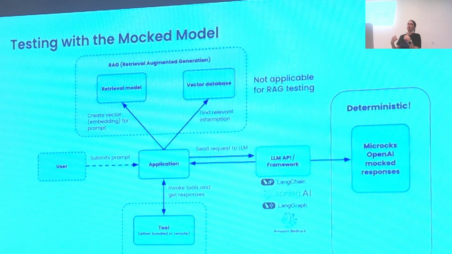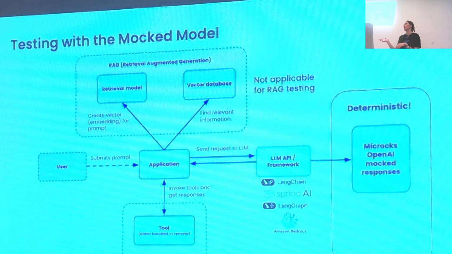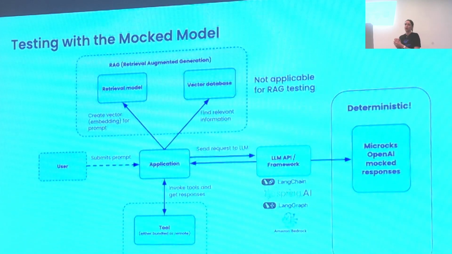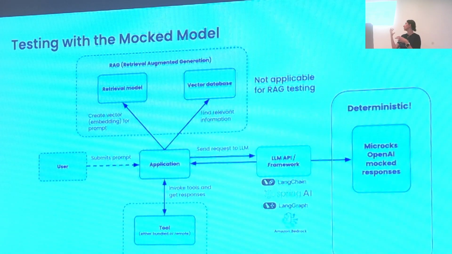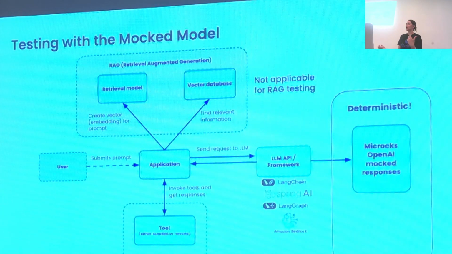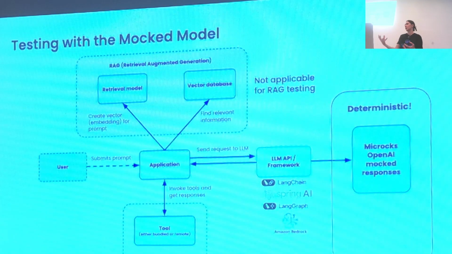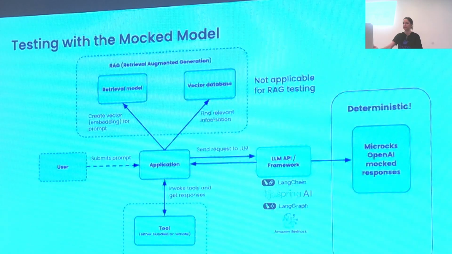We can mock this REST API the way we love to do mocks, like WireMock or something embedded. I will show an example with Microcks. If we make the model response deterministic, we can test the edge cases and have better test coverage for the application in general, because we can emulate the model replies.